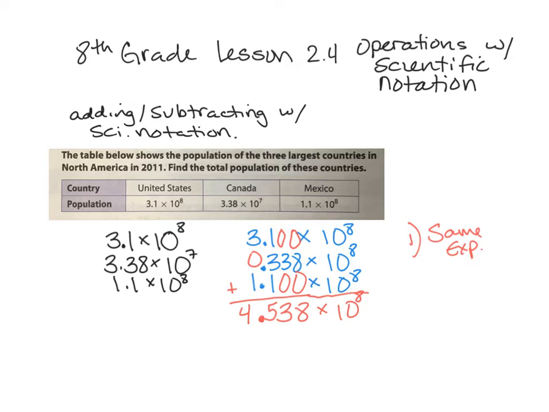The second option is just to list out all of those numbers. So I would have this 3.1 times 10 to the 8th would be 3, 1, 2, 3, 4, 5, 6, 7, 8, with commas. Then my 3.38 to the 7th power, 2 of these spots count for that 7, so it's going to be 1, 2, 3, 4, 5, 6, 7.